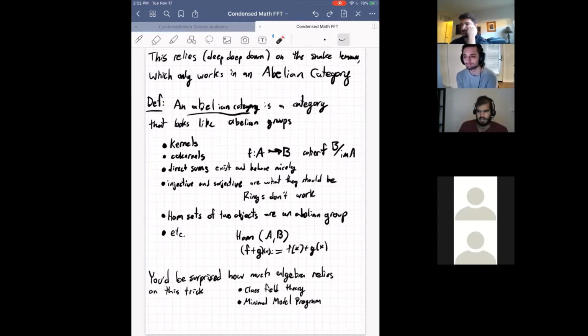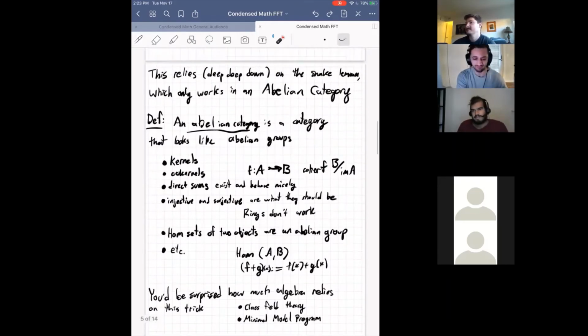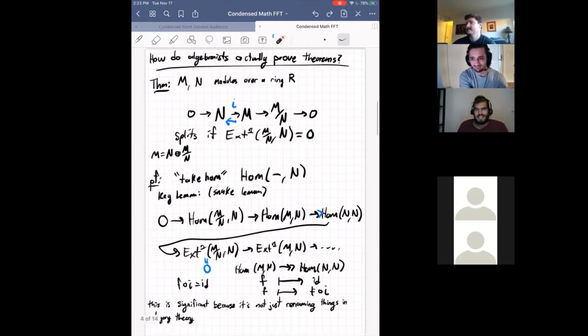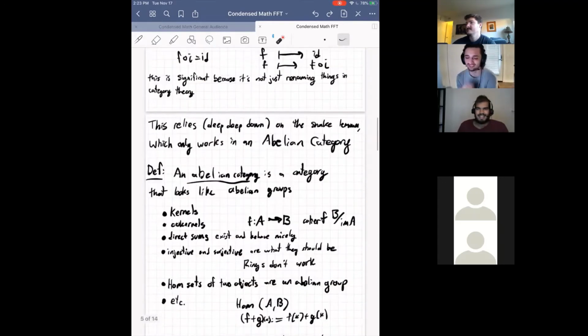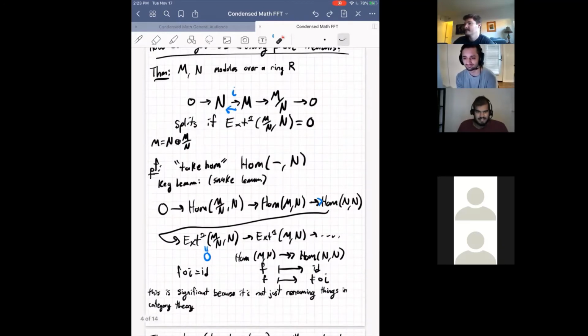So what do we want? What's the problem with abelian categories? There are two problems. Number one is you need all of these things to be true. And number two is you need some sort of vanishing theorem.